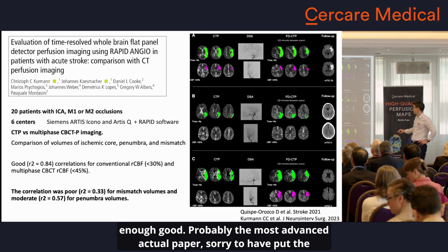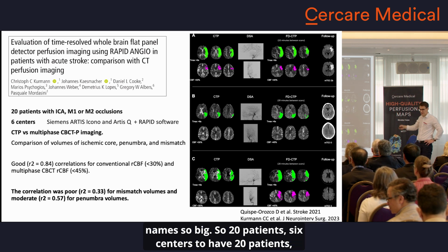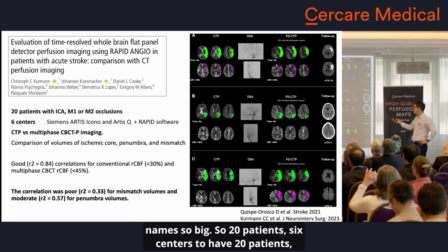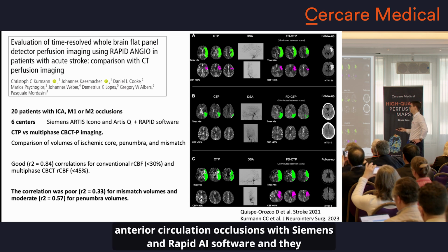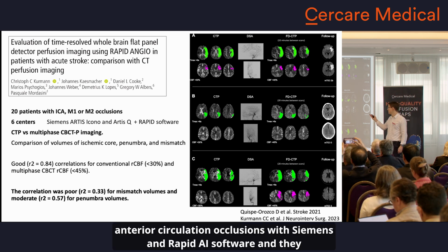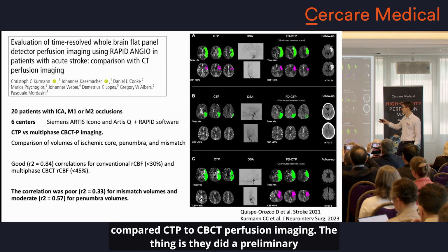Probably the most advanced paper actually, sorry to have put this name in so big. So 20 patients, six centers to have 20 patients, anterior circulation occlusions with Siemens and RAPID software, and they compared CTP to CBCT perfusion imaging.